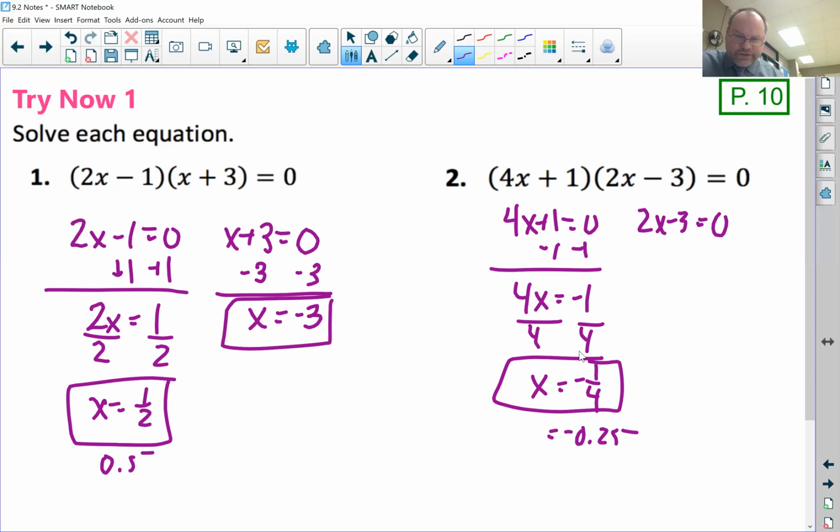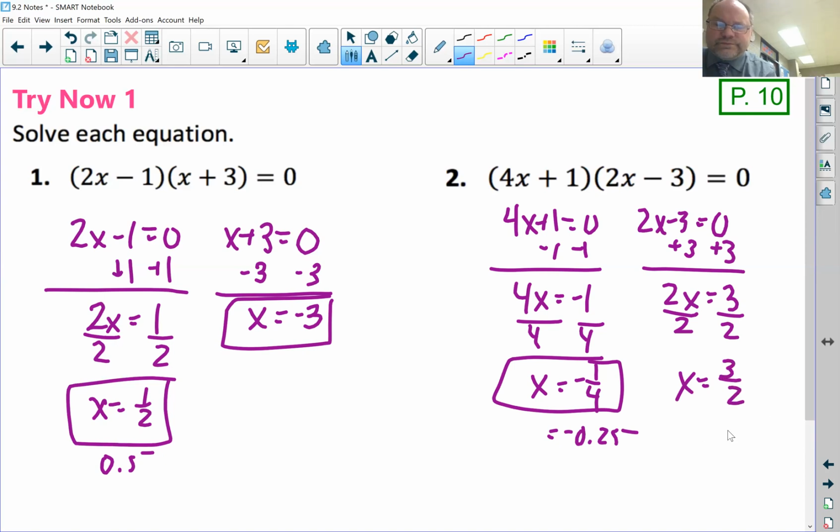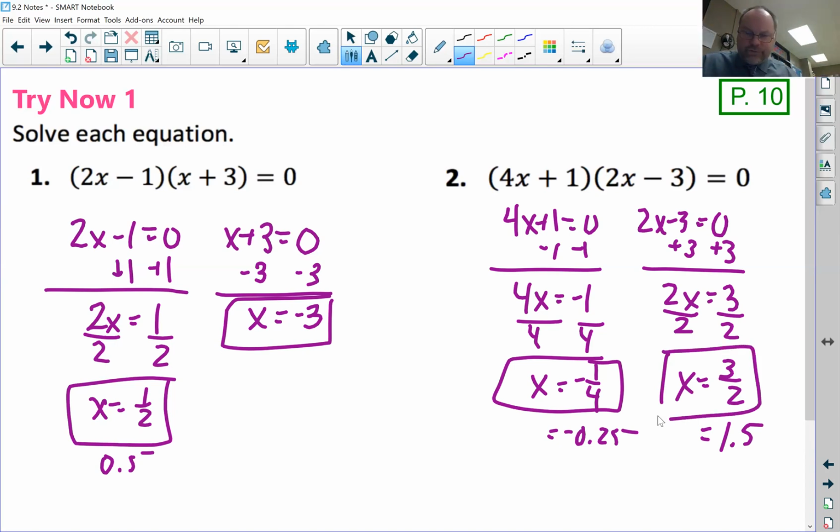Otherwise, we do have that decimal answer, negative 0.25. The second solution, undo the subtraction by adding. Undo the multiplication by dividing. And again, either the fractional or decimal answer. All right, so hopefully this seems pretty straightforward.